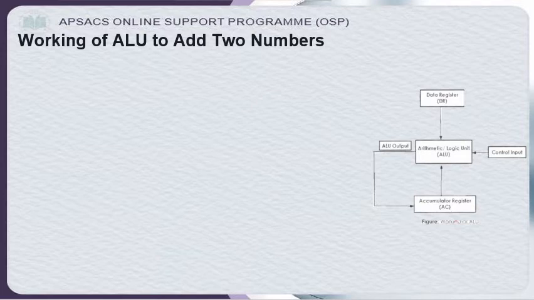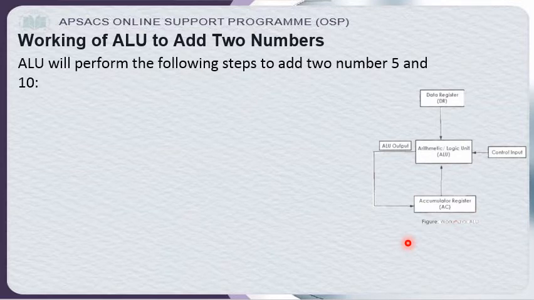Let's talk about the working of the arithmetical logical unit on numbers. A block diagram is also shown here. So let's discuss it one by one. The ALU will perform the following steps to add two numbers, 5 and 10. Let's consider we have two numbers, one is 5 and the other is 10, and we are going to add these two numbers.